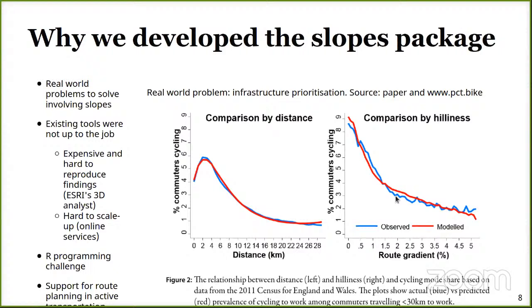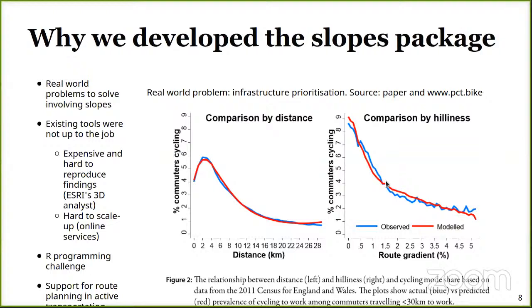But in many cycling models, this is kind of ignored, and many transport models don't take into account route gradient. And even when they do, and this is a critique of the paper that this is taken from, sometimes they only take simplistic measures of hilliness, like the average gradient.